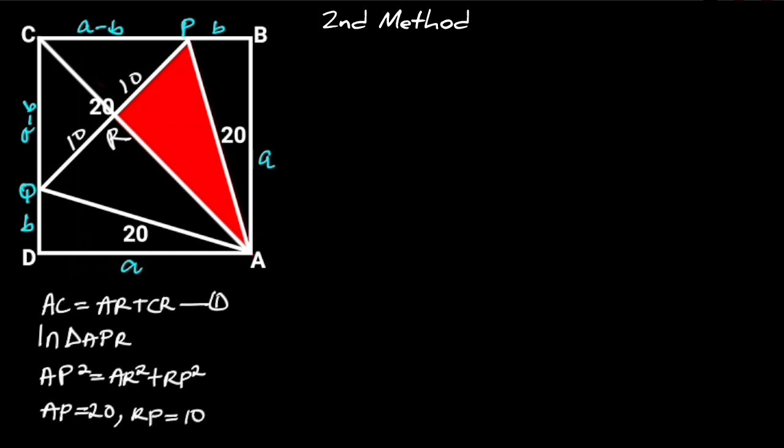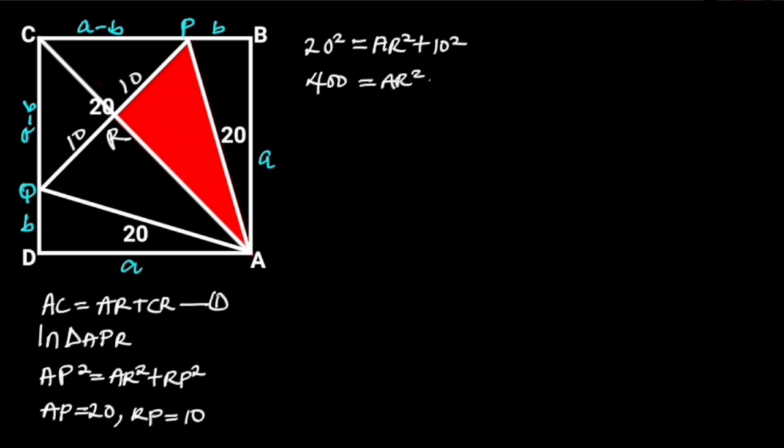Substituting these values in the equation will give us 20 squared is equal to AR squared plus 10 squared. 20 squared is 400, and 10 squared is equal to 100.